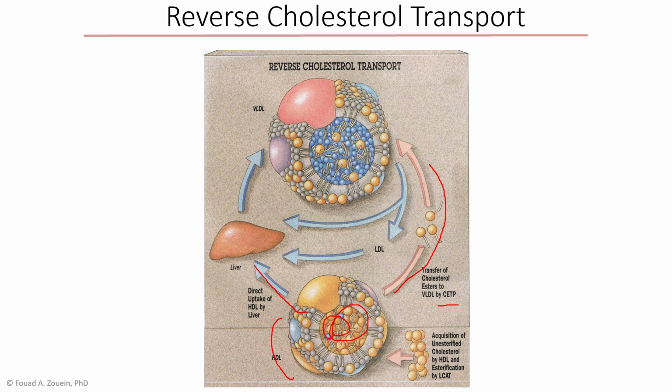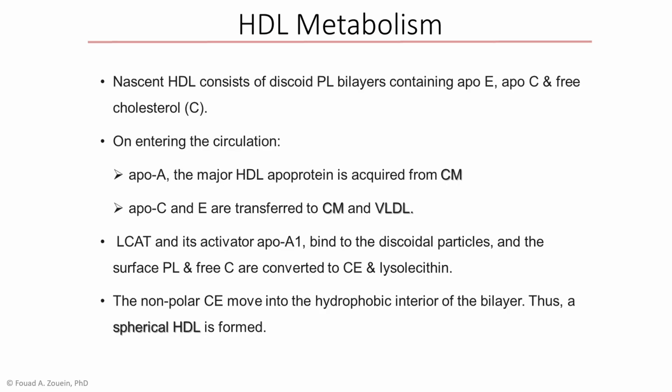And also it can, of course, acquire the unesterified cholesterol through its esterification by LCAT. The free cholesterol is esterified and it's embedded in the HDL. The point here is to have two ways, either directly by taking the cholesterol to the liver, or indirectly by exchanging it with other lipoproteins such as VLDL. So nothing new in this slide. We are just repeating things and strengthening our knowledge at this point.